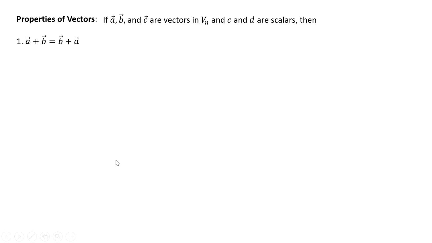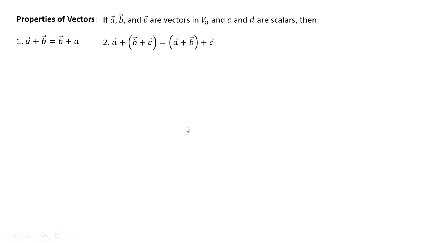That means real numbers. Then there are about 7 properties, I think. Addition of vectors is commutative. Fancy word, commutative. Commutative simply means a plus b is equal to b plus a. Commutativity of addition. And this property, a plus the quantity b plus c, is the same as the quantity a plus b plus c.